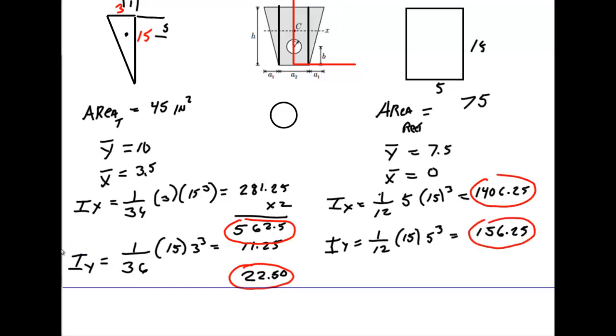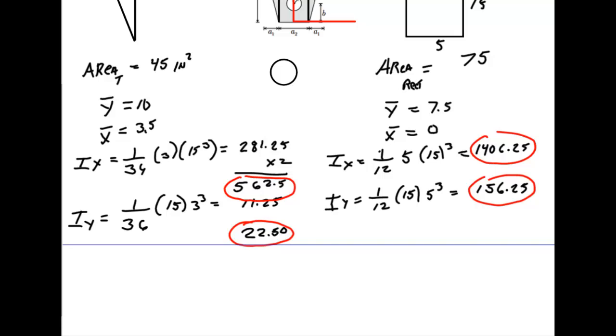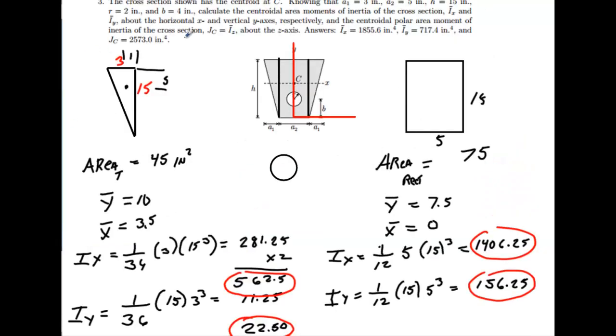Okay, now let's do the circle. One thing I like to do is number these shapes. You call this number 1, number 2, number 3, and this is number 4.